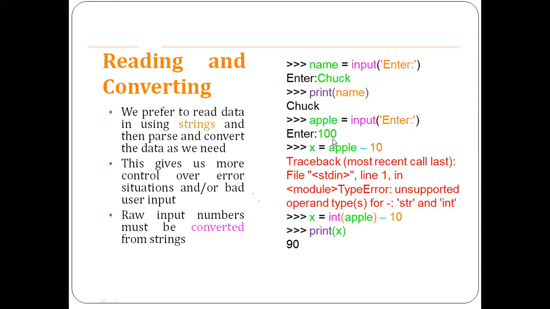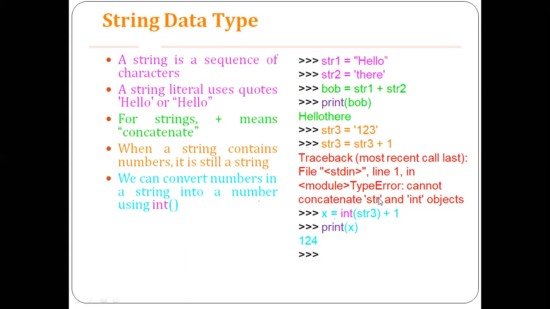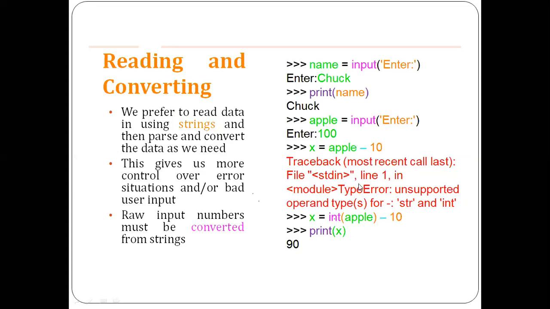That's why when you try to subtract, it generates an error message. If you really want an integer type, first convert it into an integer. Then you can do any operations, either arithmetic operations or whatever you want.